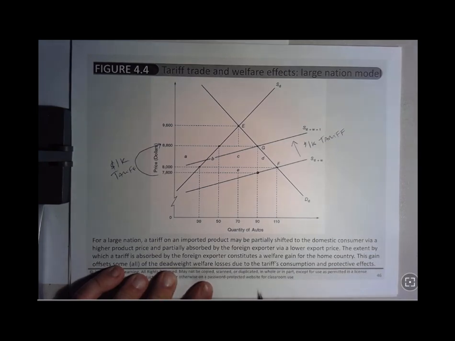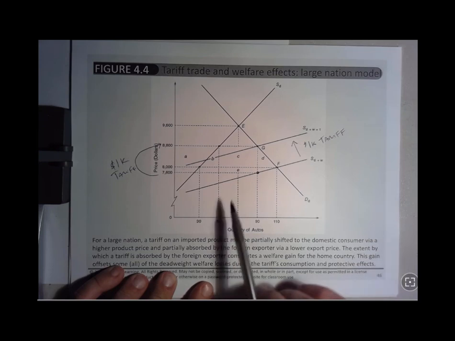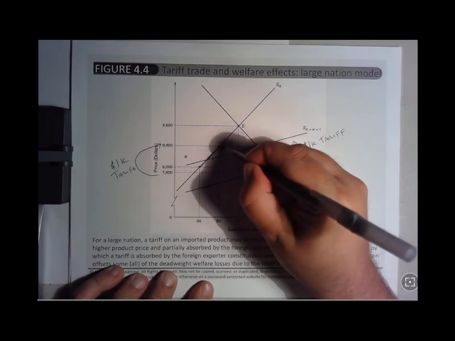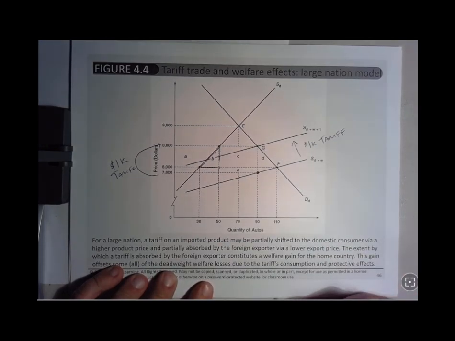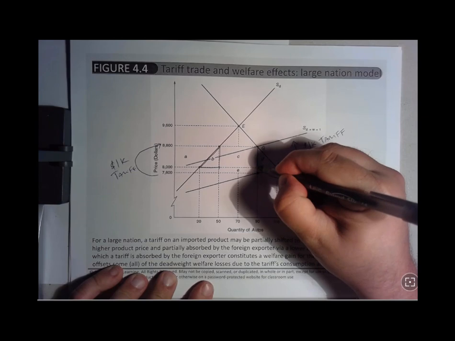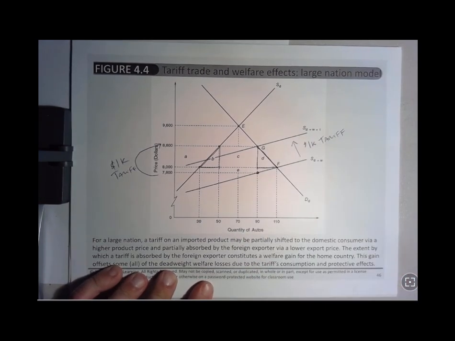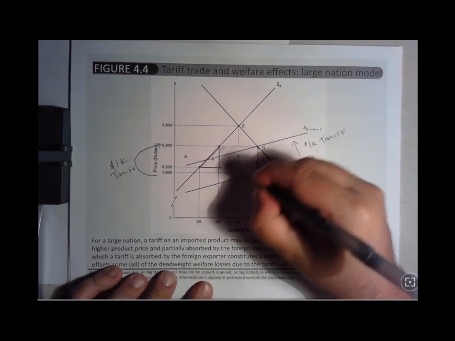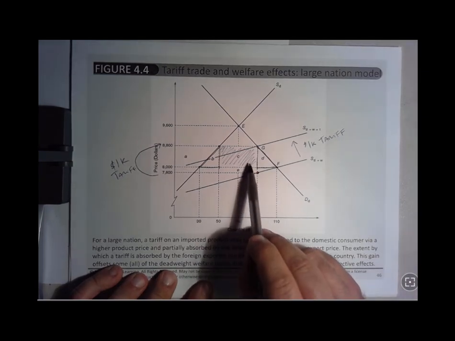So what is the difference in this assessment? Well, we still have the protective effect captured by this area B. This is gone. We still have the consumption effect. That is gone. We still have the revenue effect or tariff effect. This remains in the economy.